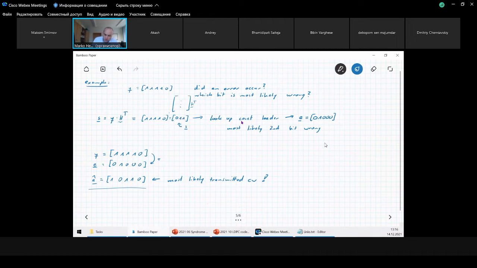And with the syndrome, we look in our syndrome table and find the most likely error pattern. So if we receive a 11110, most likely the second bit was wrong. So if we add our error pattern, this will just flip our second bit and in this way correct the mistake, which means most likely this code word here, A hat, was transmitted.